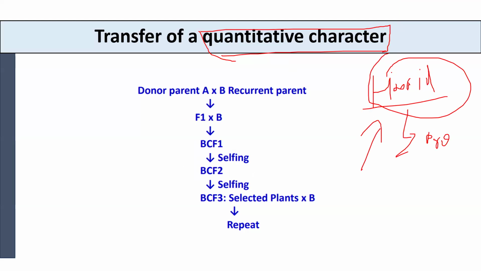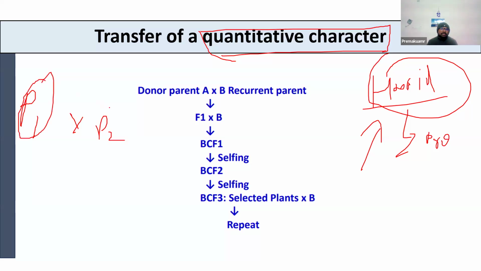Exactly. For example, parent 1 and parent 2: you have to do backcrossing to improve parent 1, and backcrossing to improve parent 2. Then you make combinations of these improved inbred lines, then identify the better heterotic combination, then go for release.